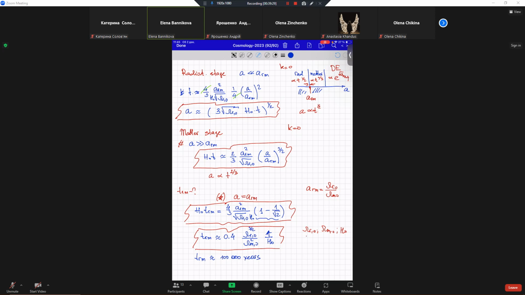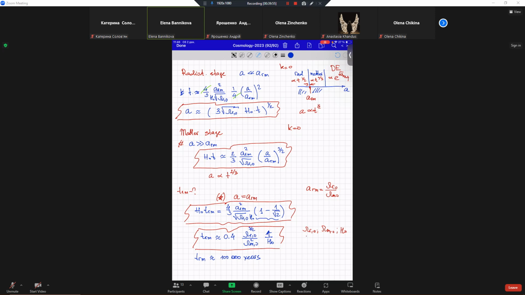So it means that when the universe was so young, with an age of 100,000 years, which is a small age, as you understand, at this time the universe passed from the radiation stage to the matter stage.